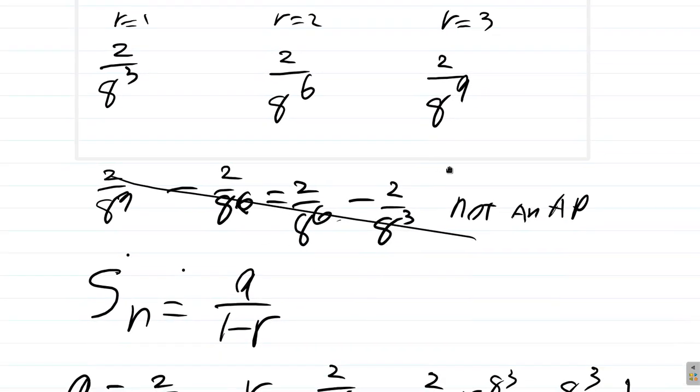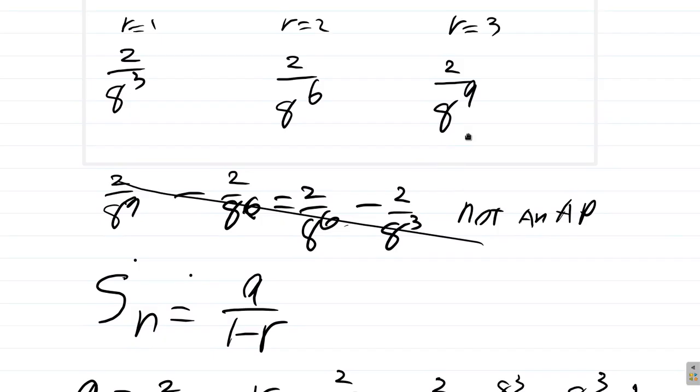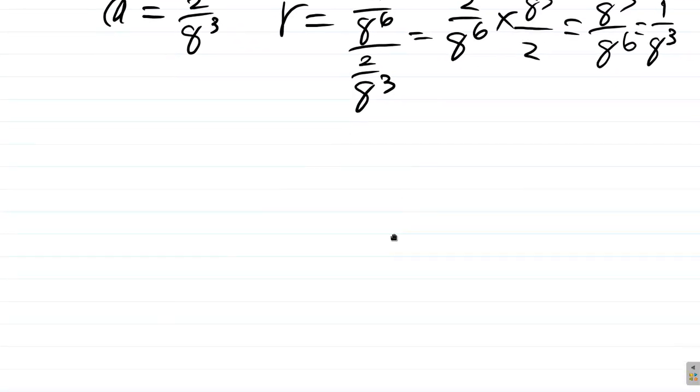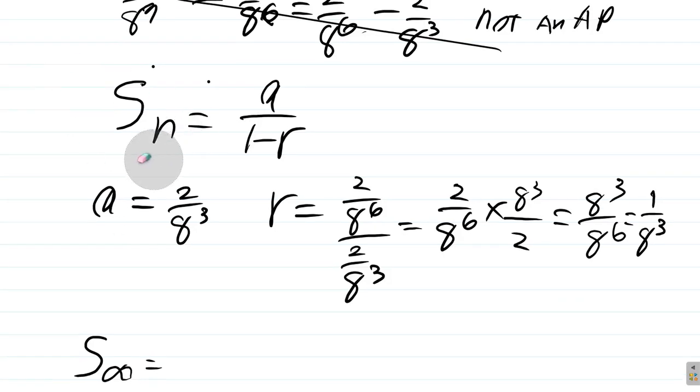You could use this as well: 2 divided by 8 to the 9, divided by 2 divided by 8 to the 6. You get the same thing. So you see it would be a geometric series. Alright, so the sum to infinity would be equal to, oh, I had put Sn. It should be S infinity here, not Sn.